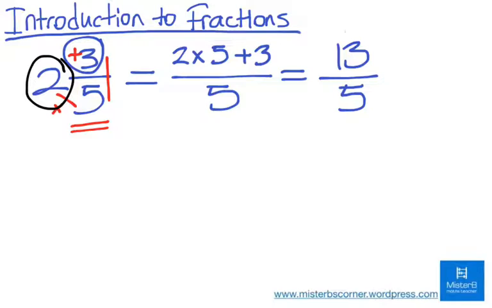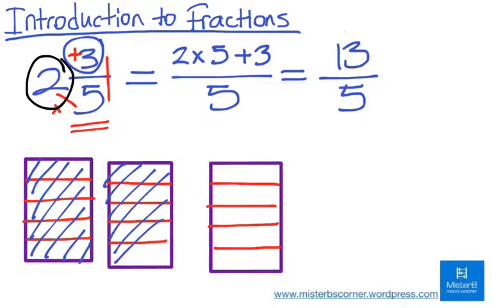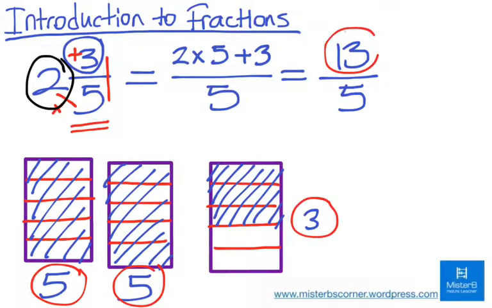What I'm trying to say is the two wholes are represented here. This is one whole and this is 2 wholes together, right? So there are 5 pieces here, there are 5 pieces here, and then also we have 3/5, so if I say there are 3 pieces here. Now altogether 5 plus 5 plus 3 gives me 13.